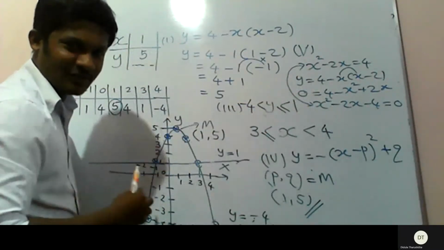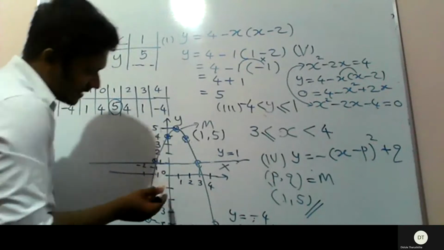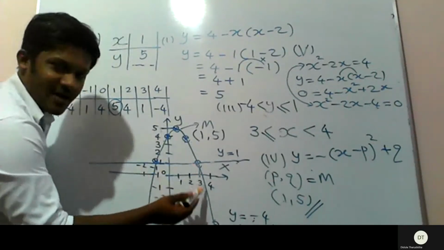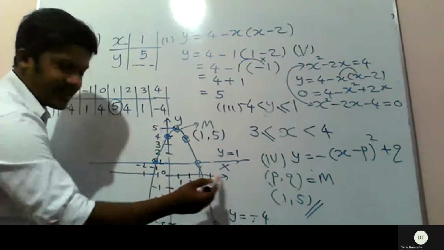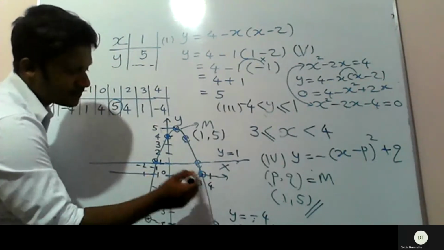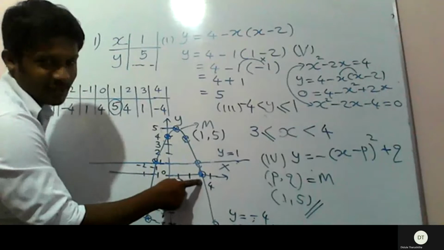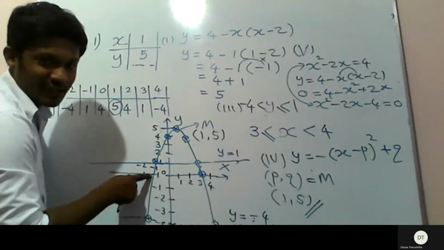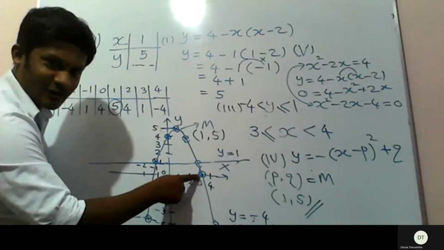Then we can say the positive solution is the intersection point of the graph and the x-axis. We can consider this positive solution, this one. This is a negative solution, but this is a positive solution.